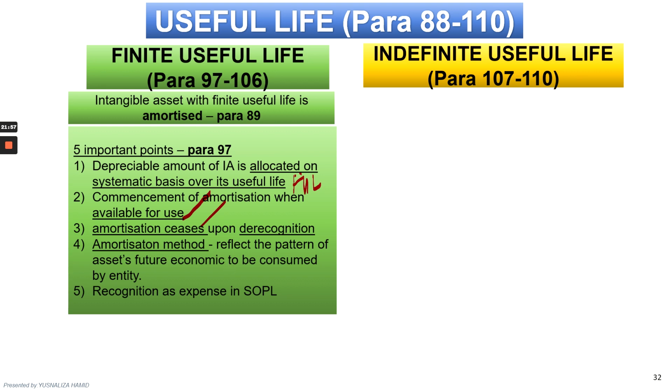And the amortization method or the pattern should reflect the asset's future economic benefits to be consumed. It can either be straight line method, reducing balance method, etc. And amortization needs to be recognized in the SOPL, with some exceptions, so you need to also look into detail recognition of expense here.